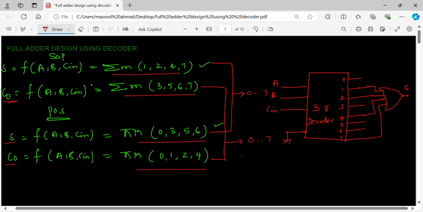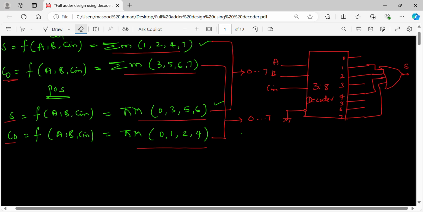I take 3, 5, then I need 6 and 7. So you take 6, this is 7. You once again OR them. Then you will get your carry out.